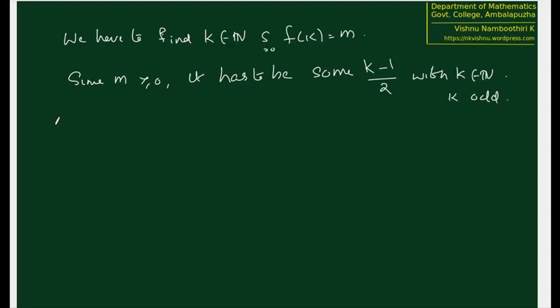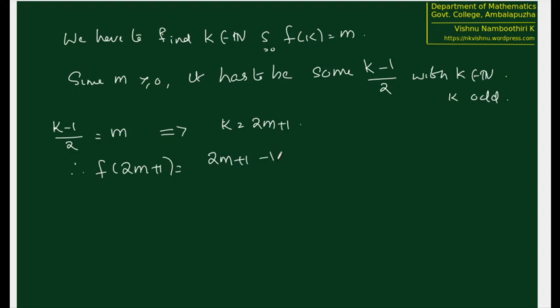So, okay, we will try to solve this. K minus 1 by 2, we have to locate this k. This implies on rearranging k equal to 2m plus 1. Okay, 2m plus 1 is known to us because m is known to us. Now, f of 2m plus 1, what is this? F of 2m plus 1 is going to be equal to 2m plus 1 minus 1 by 2, which is m.